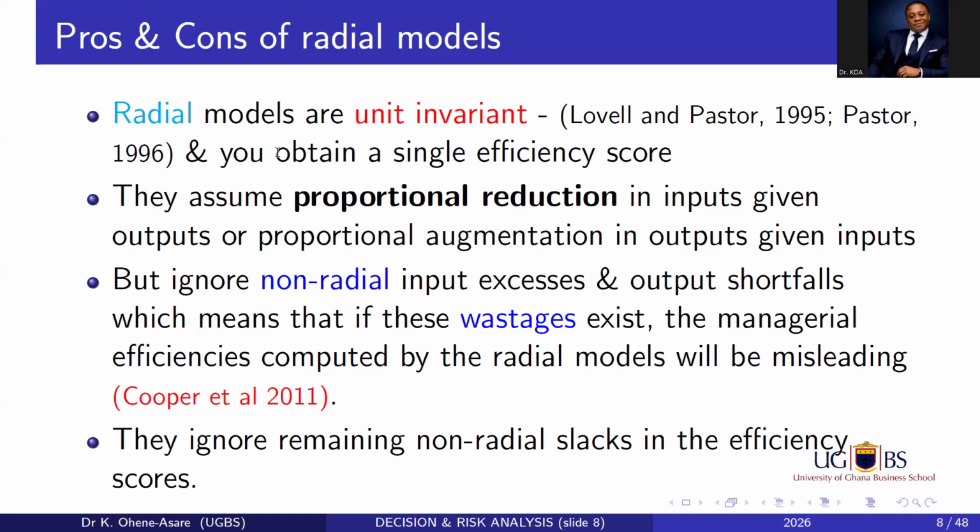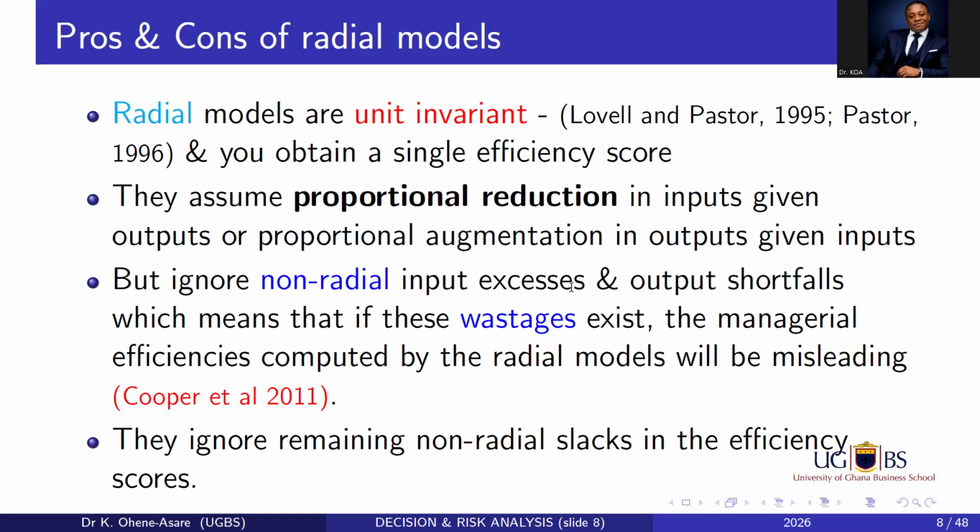Now, there are slacks in the radial. Take note, there are slacks in the radial measure. And there are also slacks in the non-radial measures. But even though it is trying to consolidate the slacks in the radial because it's a radial measure, it ignores the non-radial slacks.